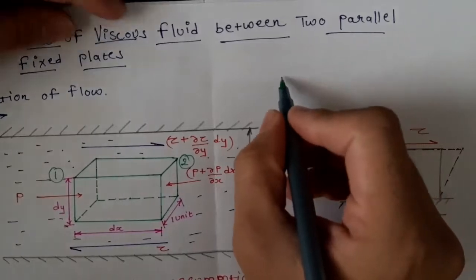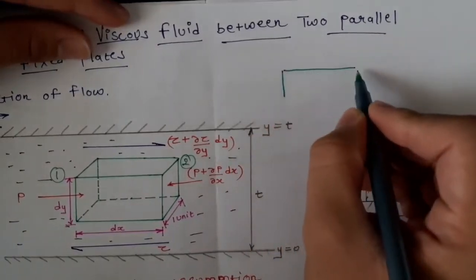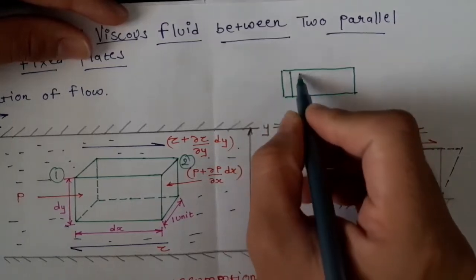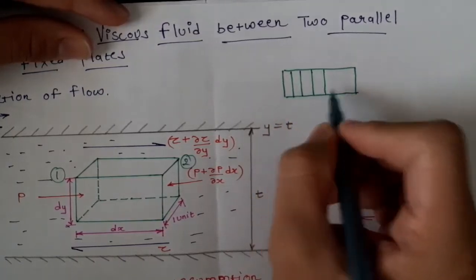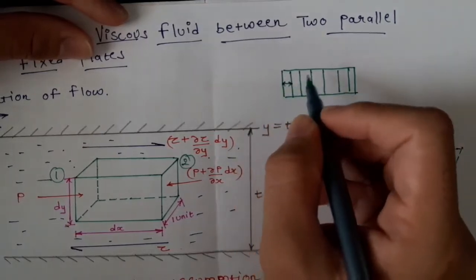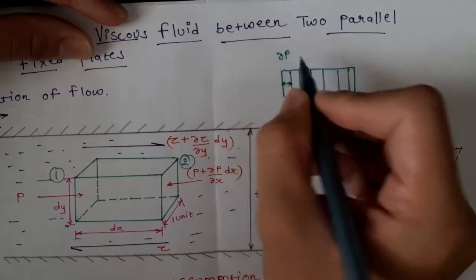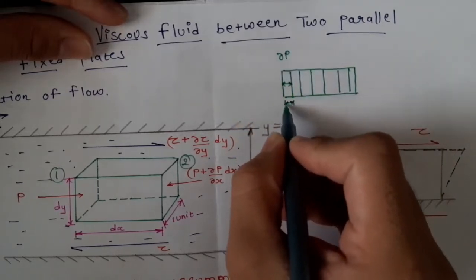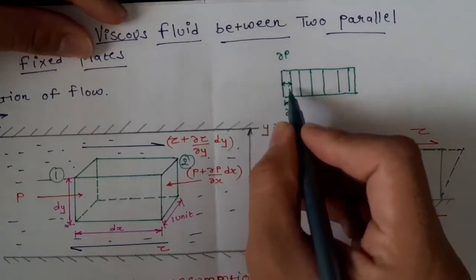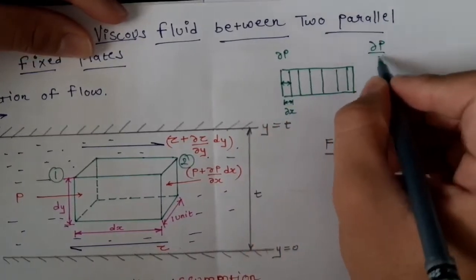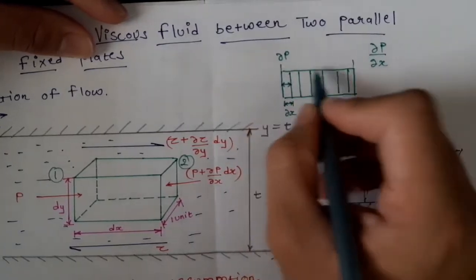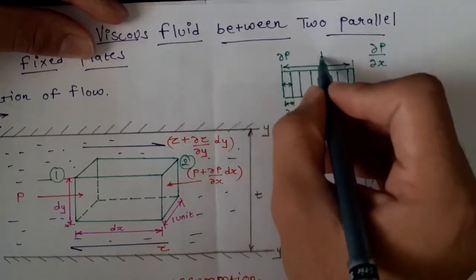In the front view we can see this element as a simple rectangle. Now by dividing this rectangle into small strips we see it like this. For this small element the pressure is del P and the length is del X. So the pressure gradient on this small element is given by del P by del X. The total length of the whole element is dx.